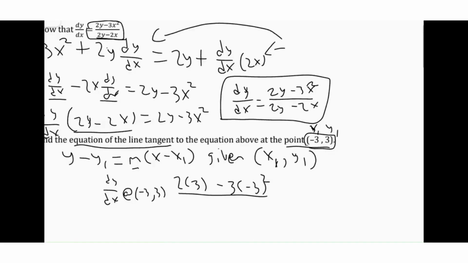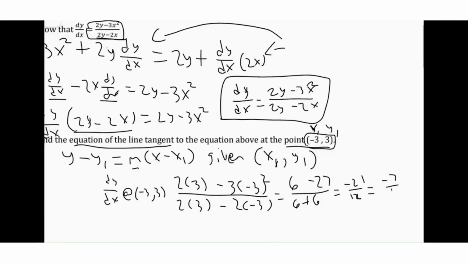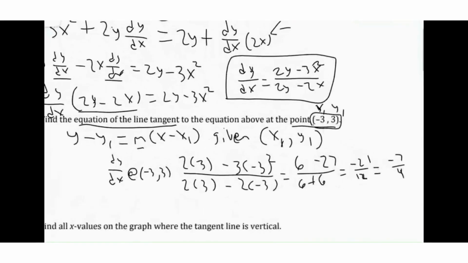So you get that as the numerator, and then the denominator you get 2 times 3 minus 2 times negative 3. Let's evaluate this. 6 minus 27 over 6 plus 6, get negative 21 over 12. Divide the numerator and denominator by 3, and you'll get negative 7 over 4. You don't need to simplify it either, but yeah.